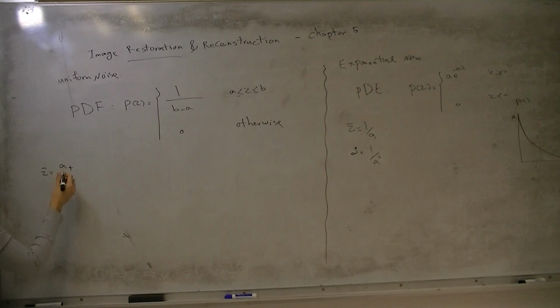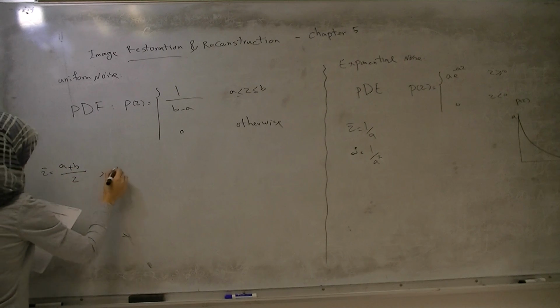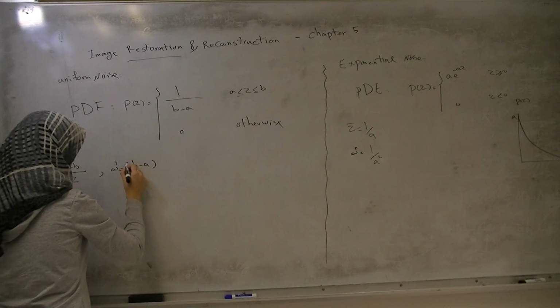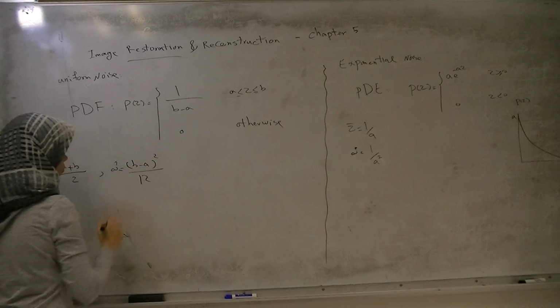The mean of the uniform is given, and the standard deviation involves the square root of 12.